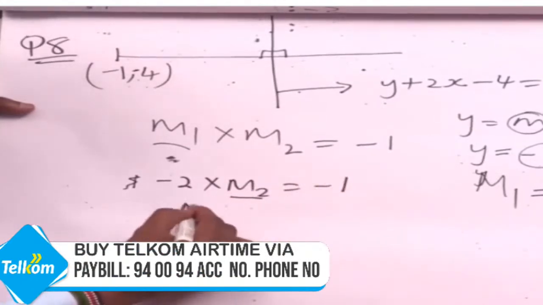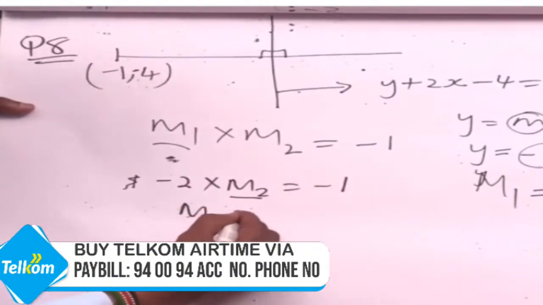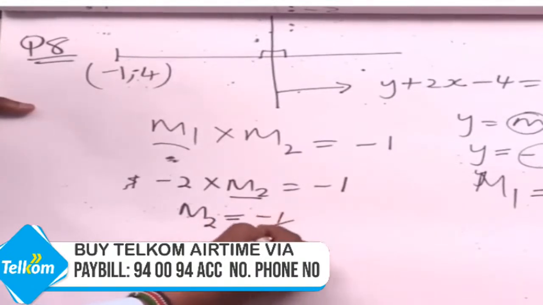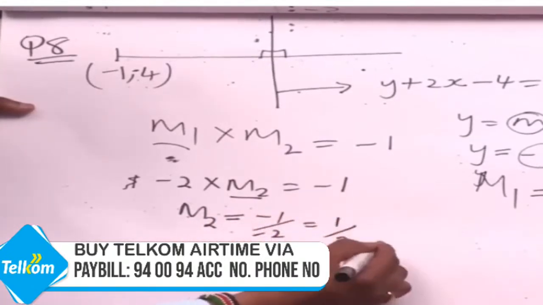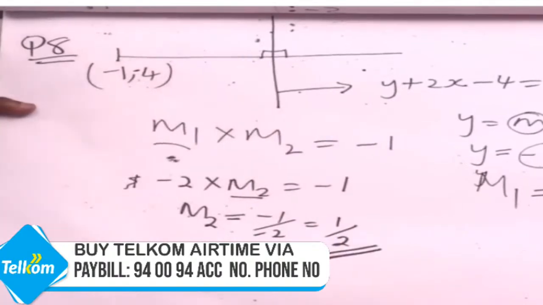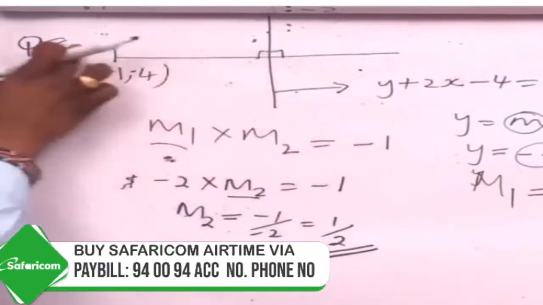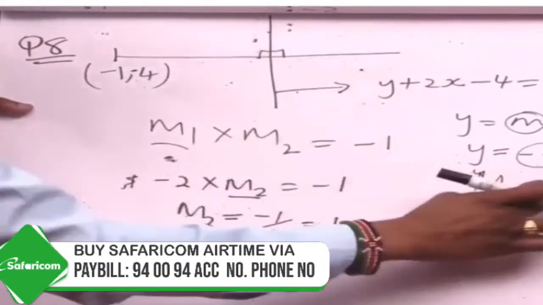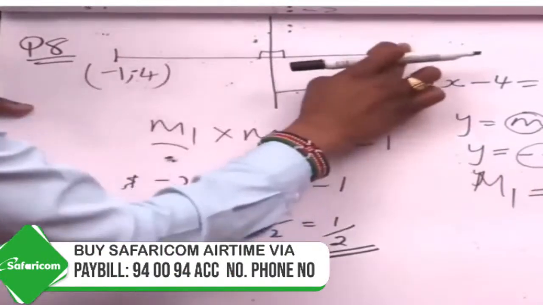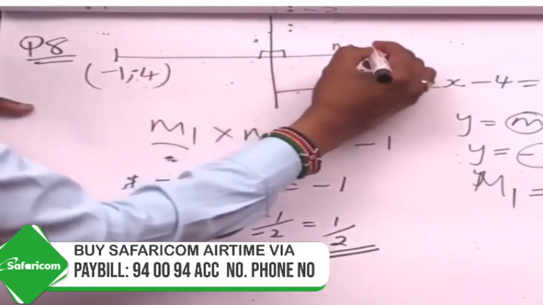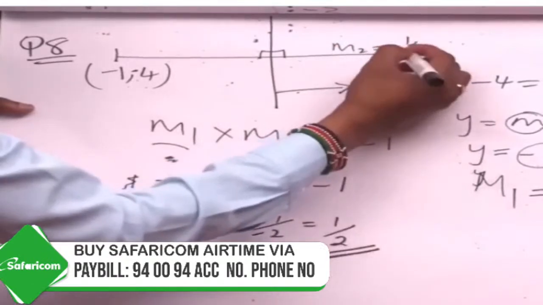So gradient of line m2 equals minus 1 over minus 2, which is a half. So if this line has a gradient of minus 2, then this line has a gradient m2 equals a half.